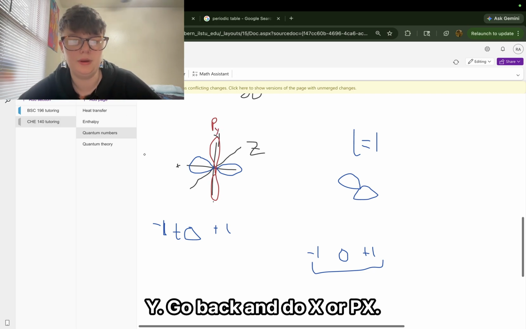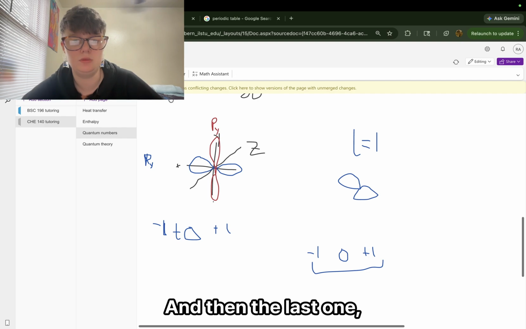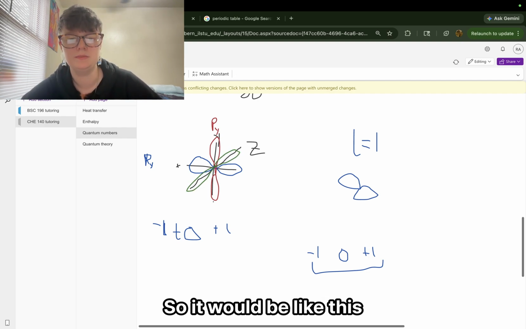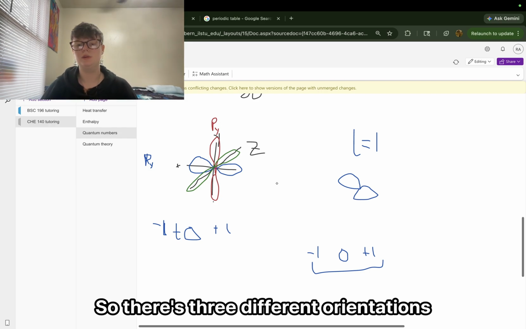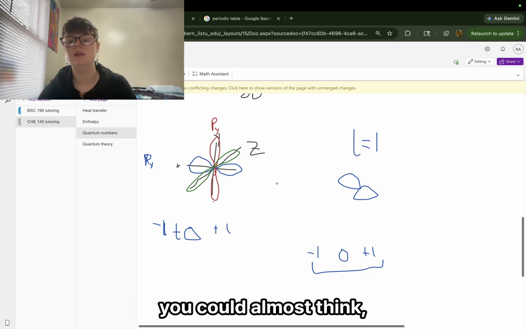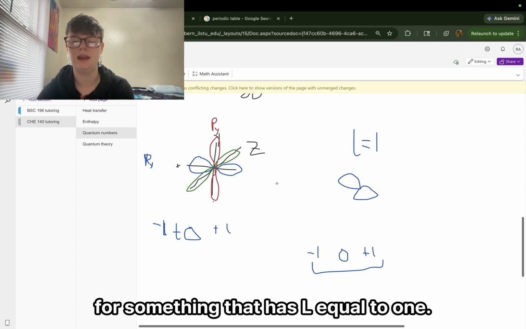Go back and do x, or px. And then the last one, which I'll do in green, would be along the z-axis. So it would be like this. So there are 3 different orientations, or ways that it can face you, for something that has L equal to 1.